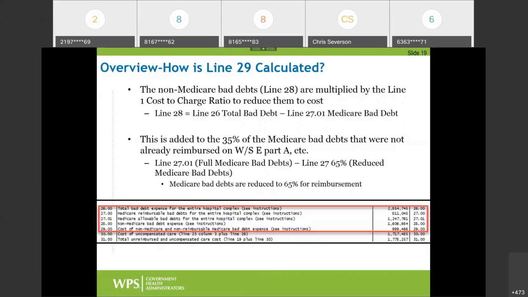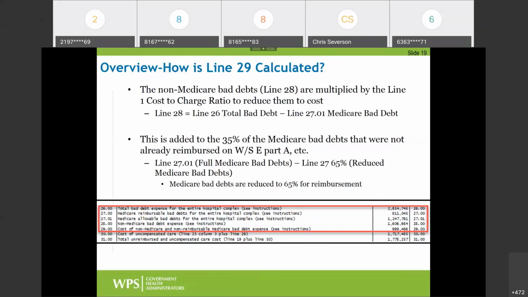The next year, it's not going to be reported in line 26, but it will be showing up in line 27 and 27.01 that year. And again, it's going to net itself out over that two-year period. It's just kind of an unfortunate difference in what date they're really looking for.